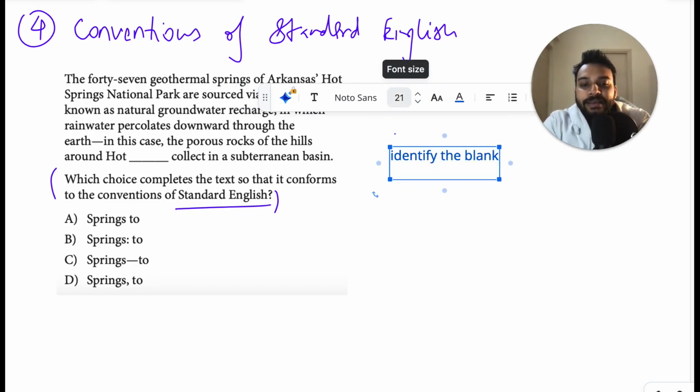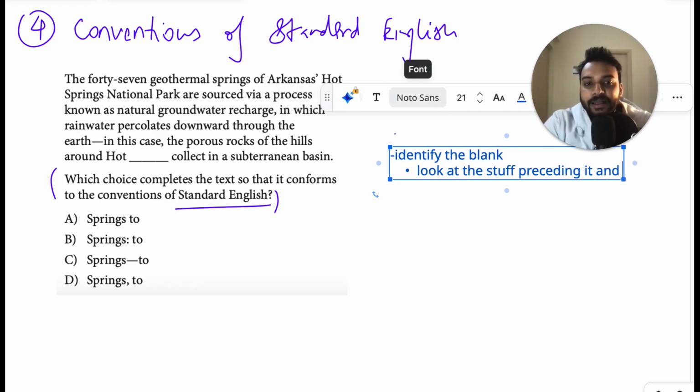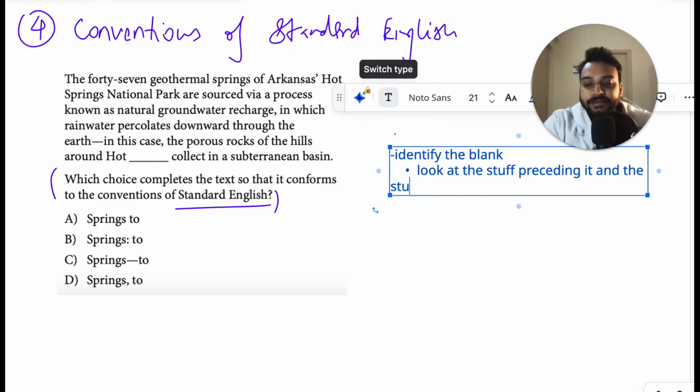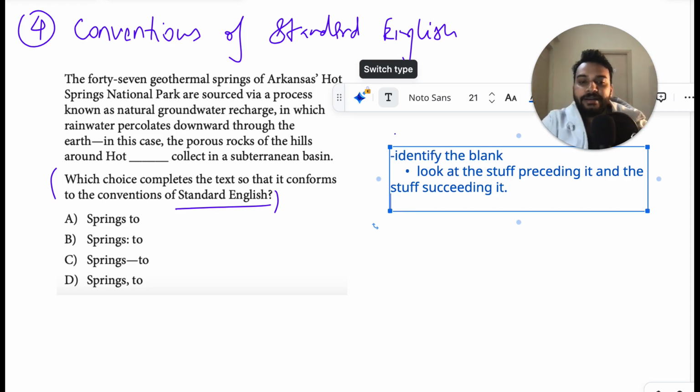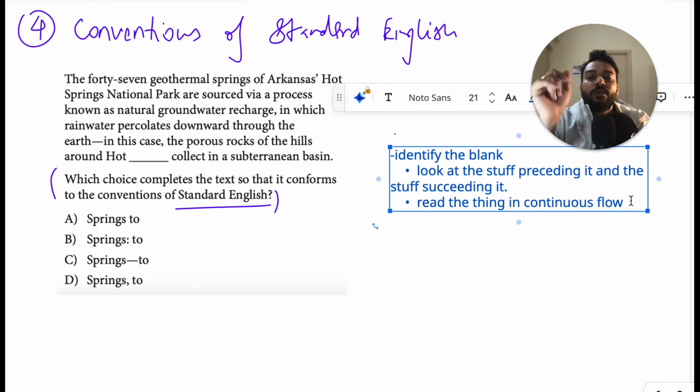Next, we look at the stuff preceding it and the stuff succeeding it. So the part just before and the part just after. Read the thing in continuous flow to get the meaning of what they're trying to say.